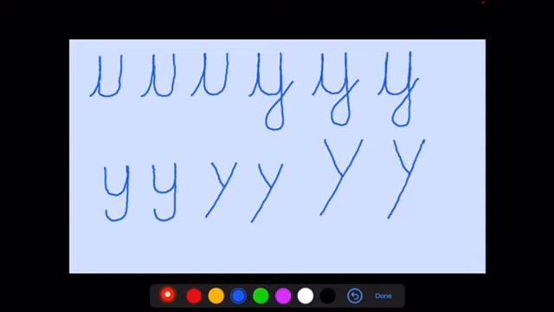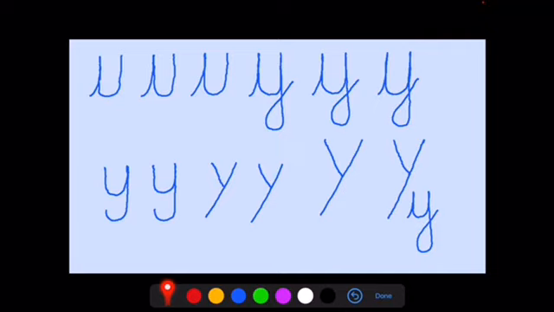If I was to write a cursive letter Y next to it, you can see the difference. You can also see that this capital letter Y sits on the writing line. But let's have a think about how we know when to use it.